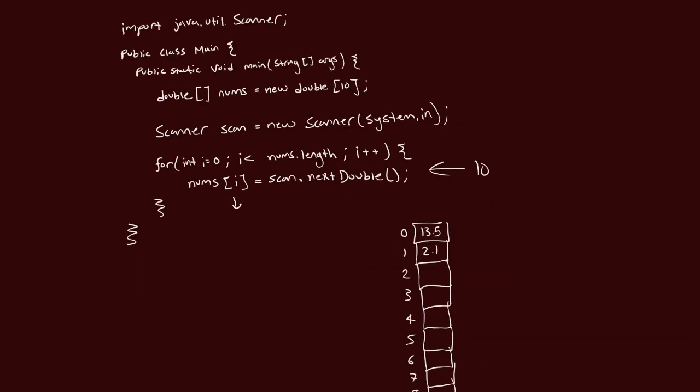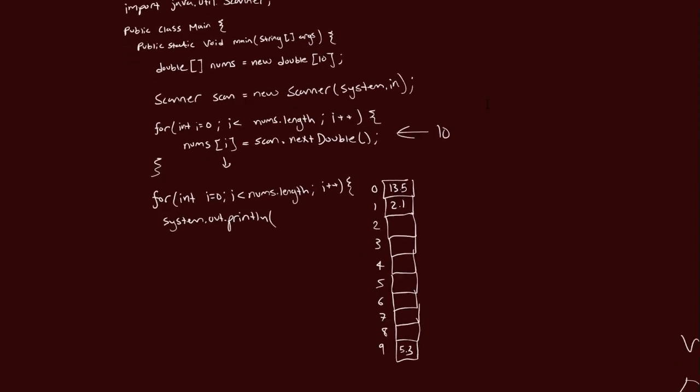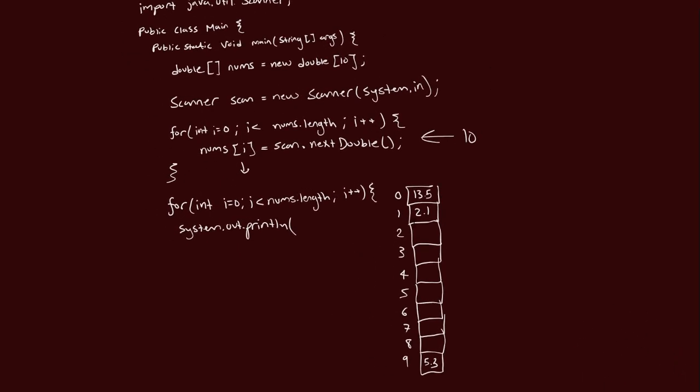Now, if you want to print out all of the content in our array, what we can do is another for loop. We add in the same conditions. So we do System.out.println, and hold on, let me move this away.